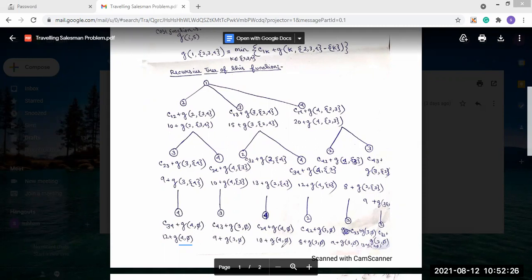After we complete here, 5 is written, which means we have already covered all the vertices. Now we will put the values accordingly. For this purpose we will prepare a table format, because this problem has only 4 vertices, but if the problem becomes much deeper, then the recursive tree becomes very large.